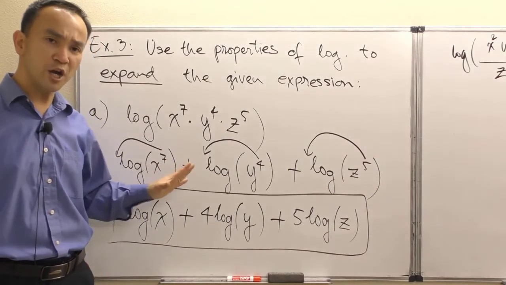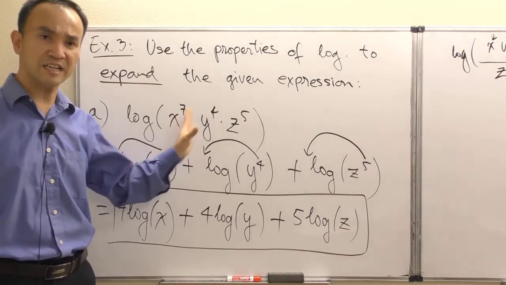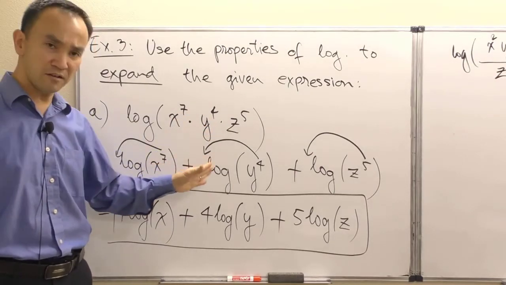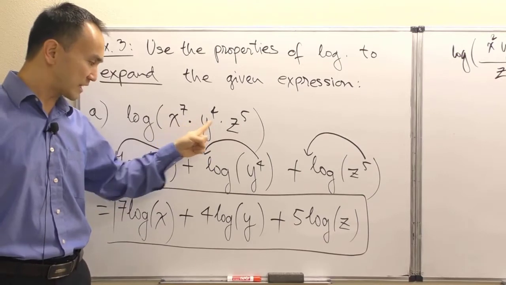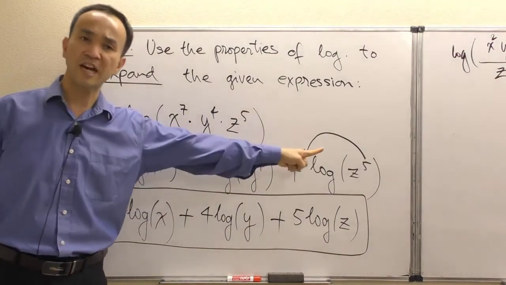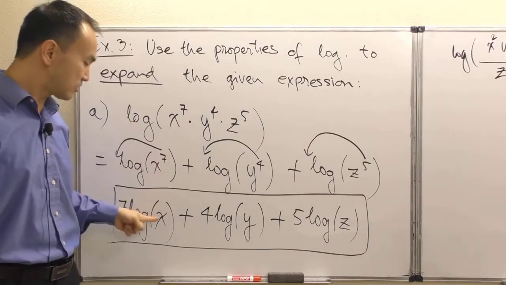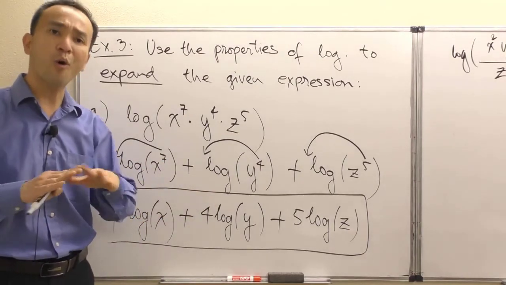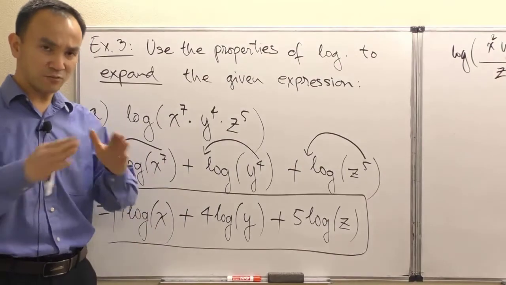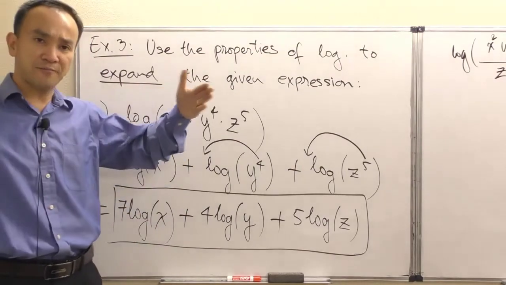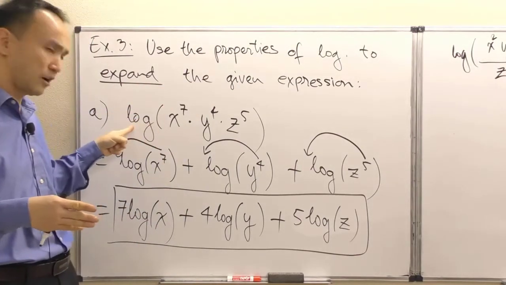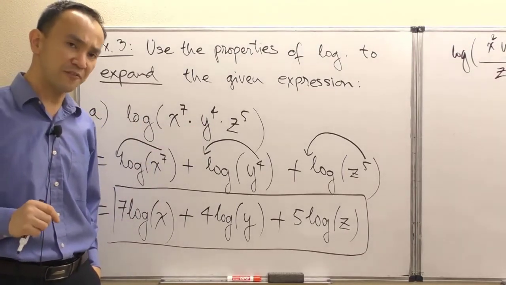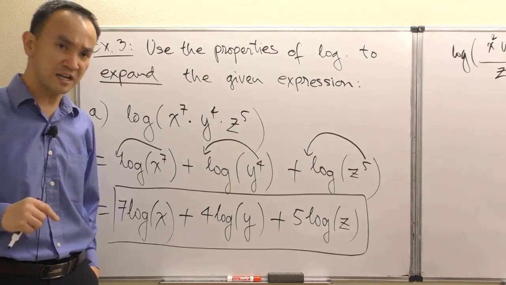So how do I know that I have to break this down as a product, into the sums of the terms first, and then after that use rule number 6? How do I know the order of the work when it comes to the kind of problem where we expand from one single logarithm into multiple terms? How do I know which steps must be done first and which after?